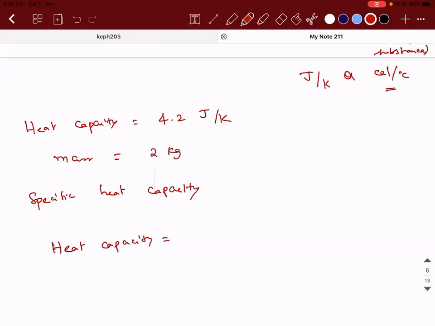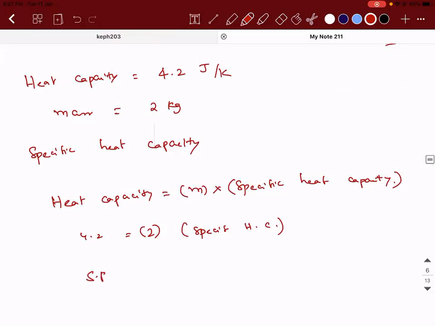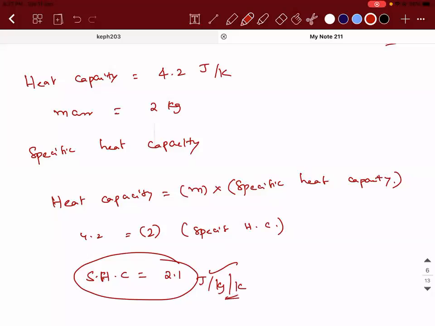So heat capacity is equal to mass into specific heat capacity, correct? By now I am assuming you would have figured it out. So 4.2 is equal to 2 into specific heat capacity. So specific heat capacity will be how much? 2.1 joule per kilogram per Kelvin. Right. So this is another important relation that you need to have in your mind.